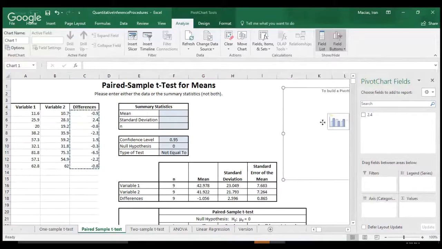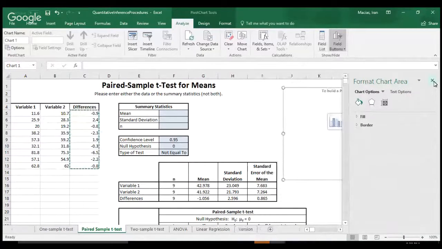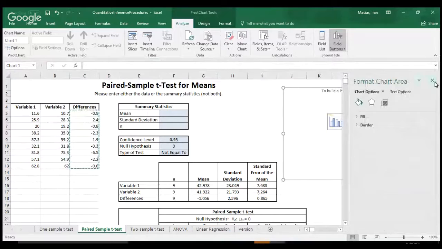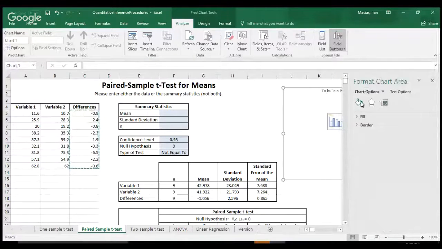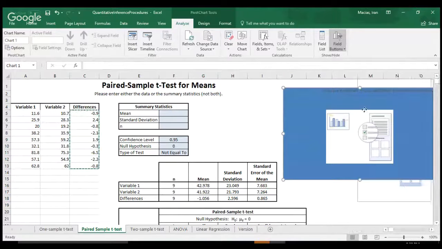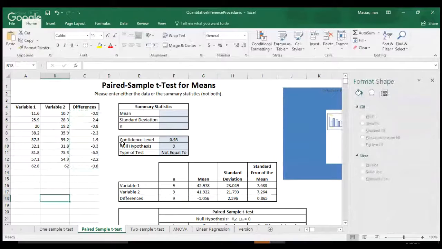But I don't know why my graphic looks weird here. It's here, but I can't... Yeah, that is weird. I can't, but I can do it again. Okay.